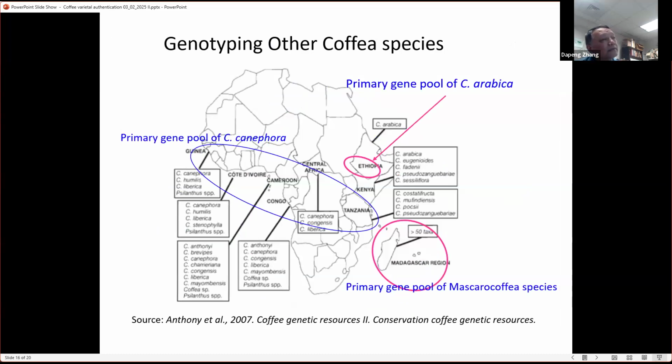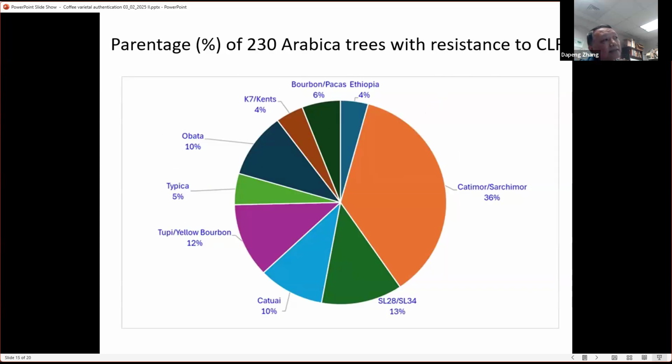As we can see from the previous slides, the source of resistance so far pretty much came from Timor hybrids. It's a very single, narrow scope of resistance. How long that resistance can last, even in those resistant genotypes, we don't know.